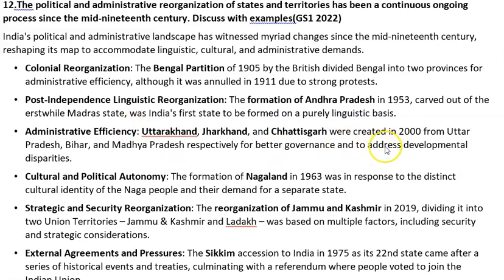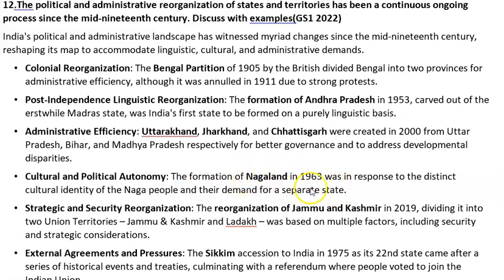And apart from the administrative efficiency and better governance, in some areas, that is in the northeast areas, etc., the people started demanding a separate state based on cultural and political autonomy. They said that our culture is different and we need political autonomy. We need to govern ourselves. So Nagaland came.